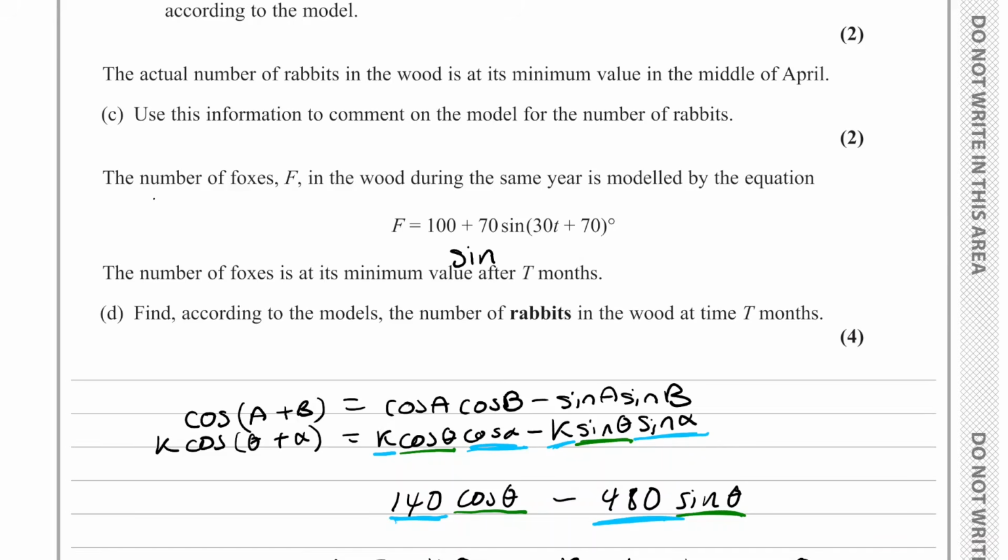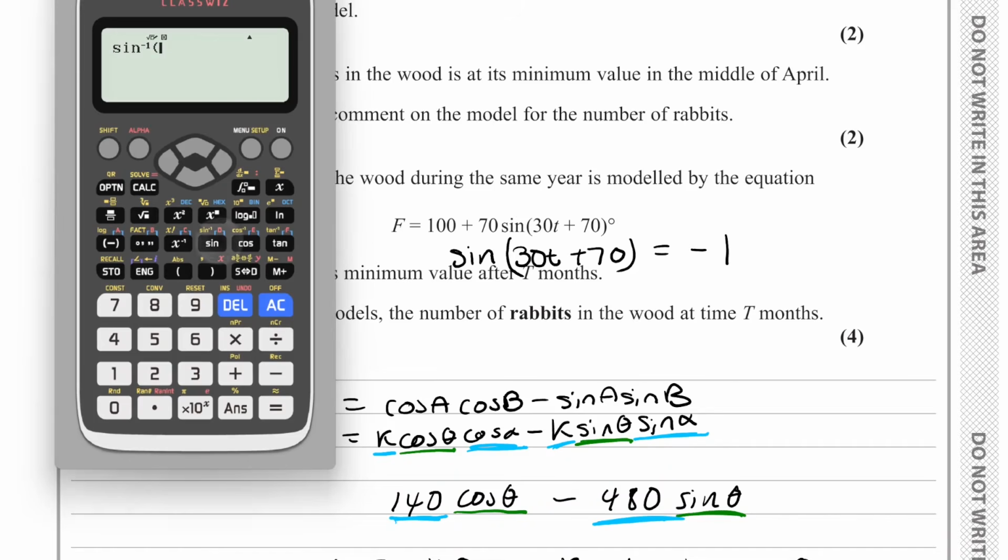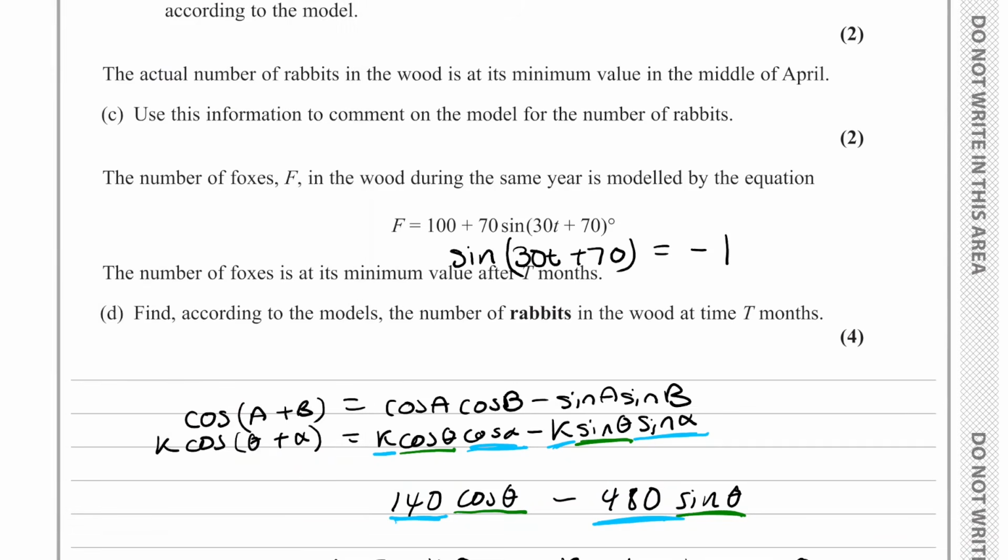So sine(30t plus 70) will have to be worth -1. Shift sine -1 is -90, so 30t plus 70 is -90 or 270.